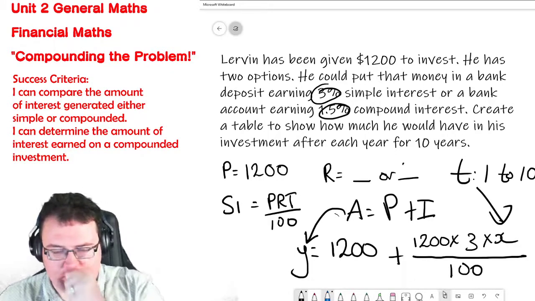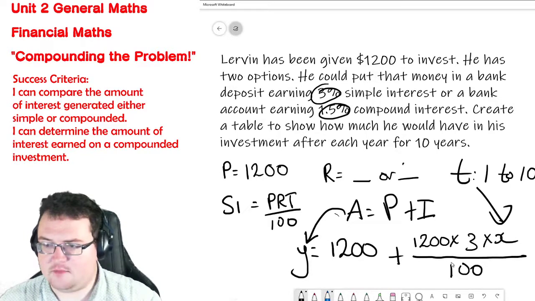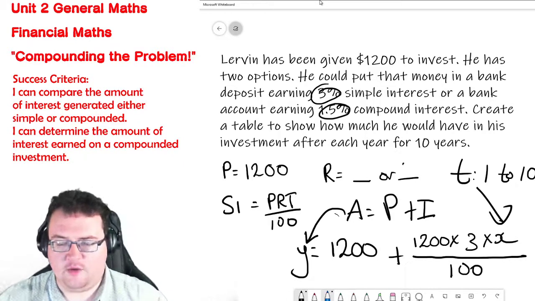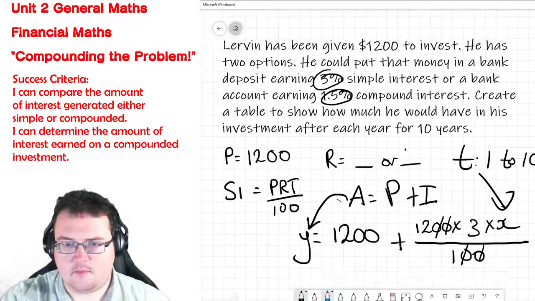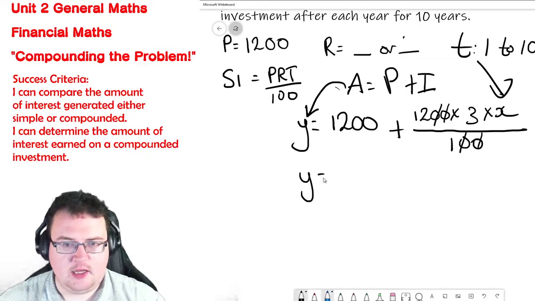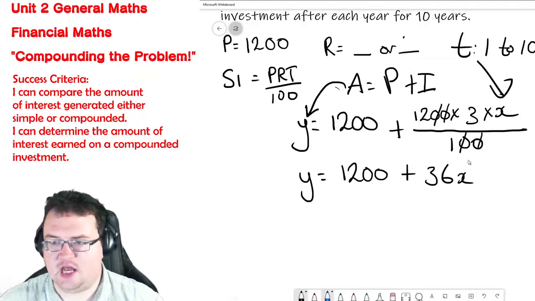So if we now have an equation here that we can cancel down, and if we cancel that down, we end up putting into our calculators Y equals 1200 plus 12 times 3 is 36, and the hundreds cancelled out.